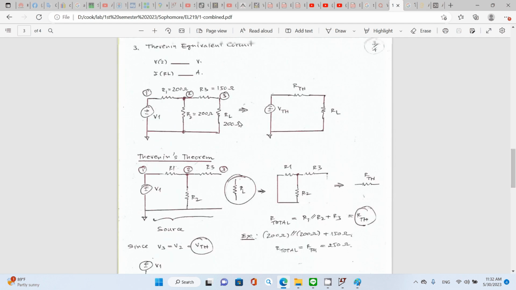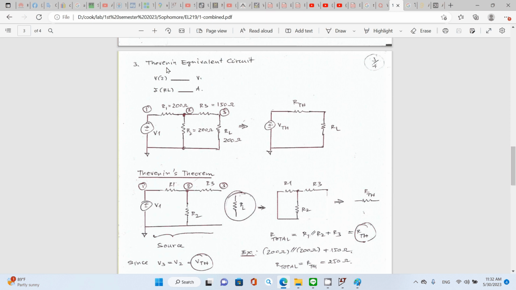Now for step number 3, Thevenin equivalent circuit. What you need to do is represent the whole circuit here as your Thevenin equivalent circuit.